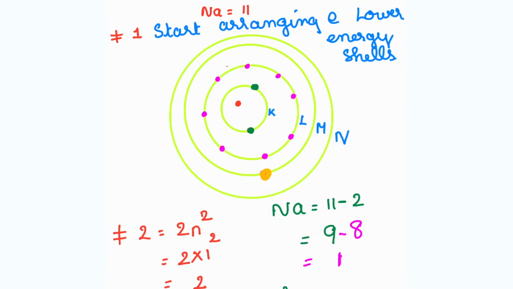No matter what happens, the outermost energy shell must have 8 electrons to complete the octet. But here, the outermost energy shell in the case of sodium is M, but it is having only 1 electron and hence it's not able to complete its octet and sodium is unstable. I hope this is clear. Now let's move on to our next slide.